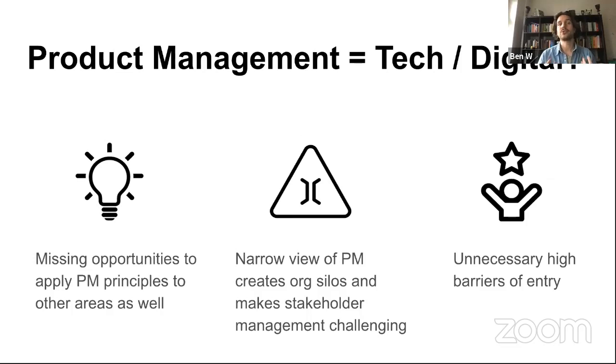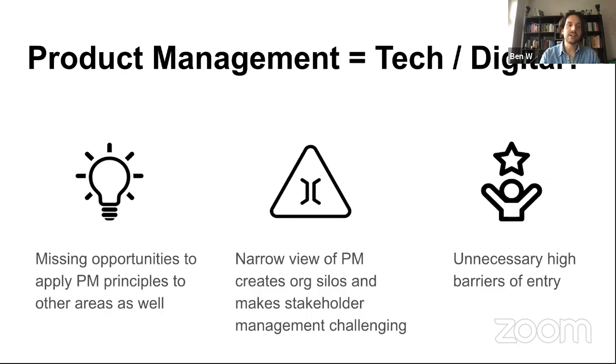Also, this too narrow view that many bigger organizations have creates silos between product and other commercial teams usually involved in shipping a product, like sales, customer success, marketing, and so forth. These challenges usually bubble up, and I have observed and felt the pain firsthand in stakeholder management, when you need to work together with stakeholders outside the technical sphere.